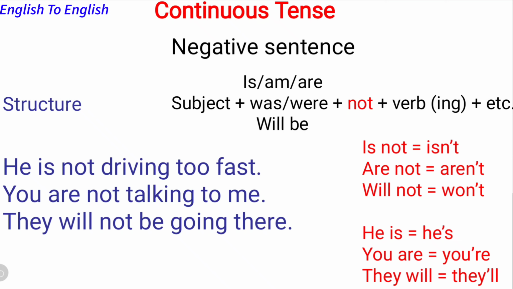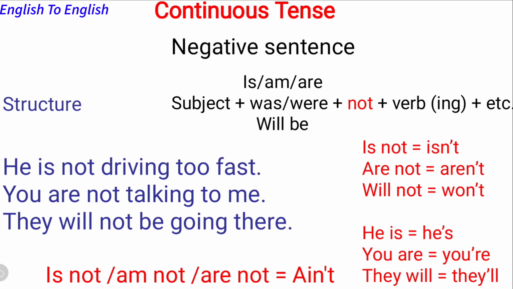It's your choice, whatever you wanna use, you can use. And one more thing is there, like is not, am not, are not is equal in and. If you're using and, it means it is for is not, am not, are not, has not, have not, but actually we don't have to discuss has not, have not. So you can use and instead of isn't, aren't, or am not.